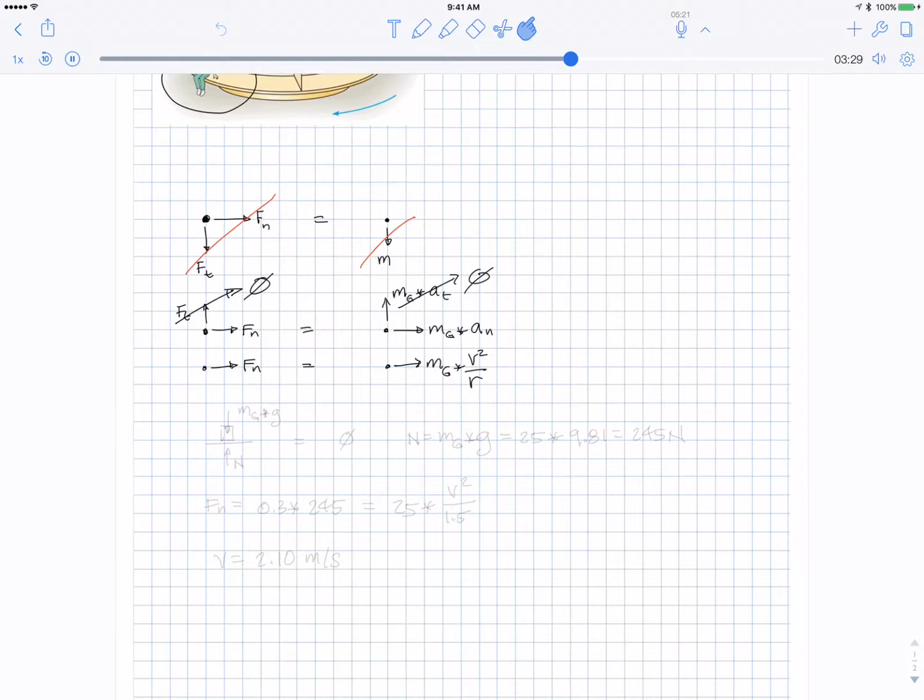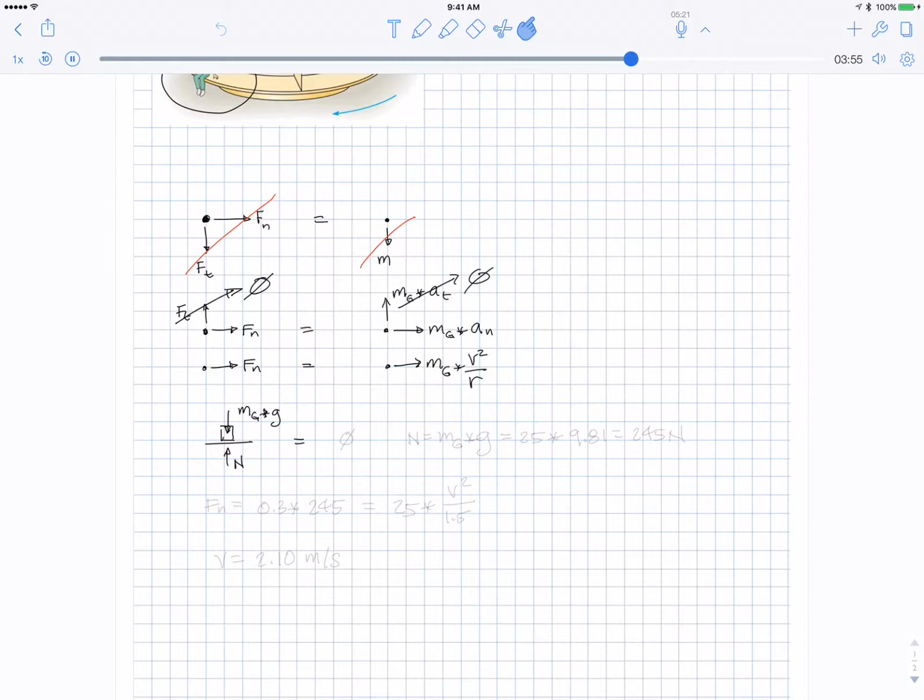And I guess let's draw the free body diagram in that direction. I'm going to just draw the girl as a block. I don't want to have to sketch her out. There's the mass of the girl times g, which is her weight, going down. There's a normal force coming up.